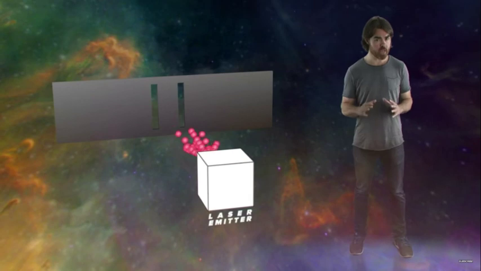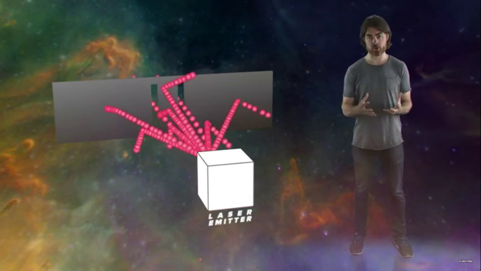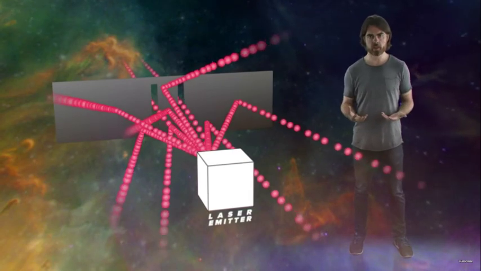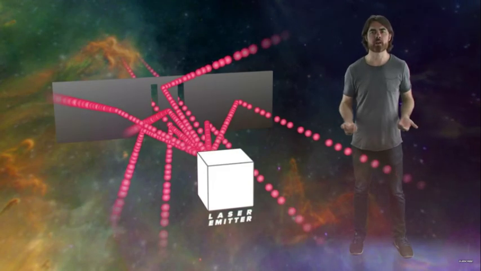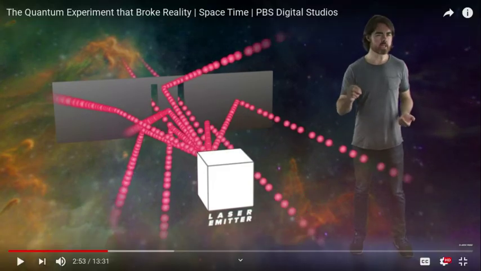That means that each photon should have to decide whether it's going to go through one slit or the other. It can't split in half and then recombine on the other side. But that's what Dr. Quantum was saying. It must split apart, go through both slits and come back together, forming this interference pattern.